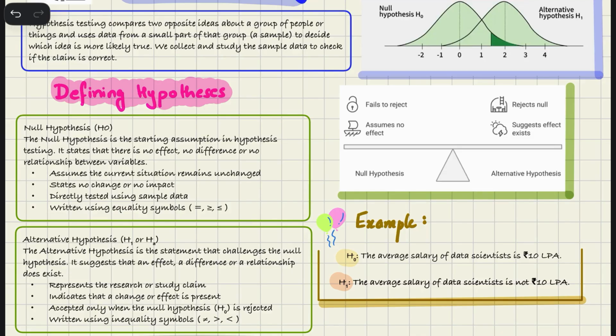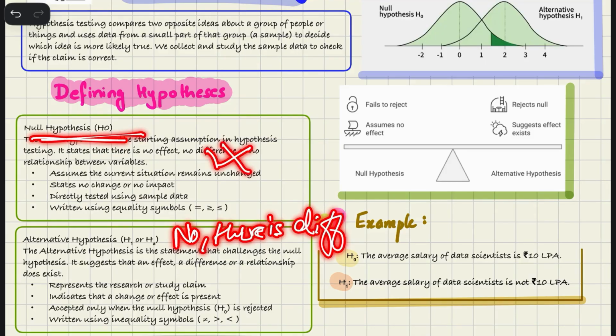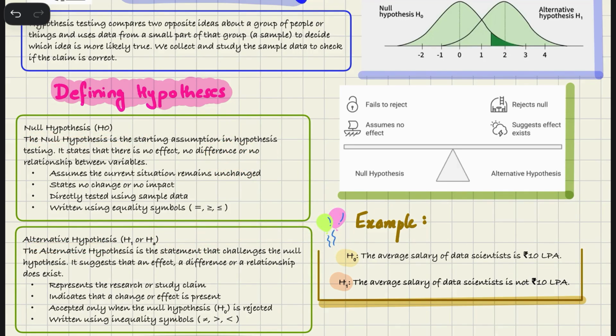It says that no, there is a difference. So the null hypothesis says there is no difference, and the alternative hypothesis says there is a difference, or we can say that there is a new method that is significantly better. These are the two opposing statements. That is how it works.